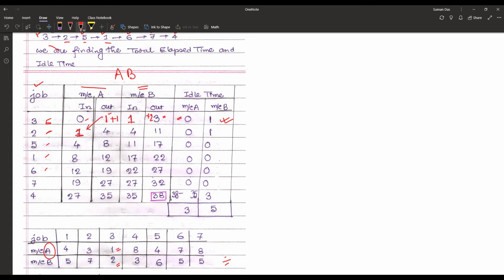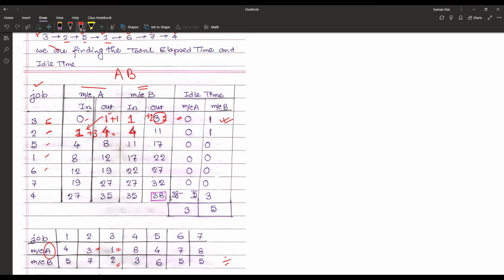For job 2, let's check machine A. The processing time is 3, so we are reaching 4 for machine A, that means plus 3. Although machine B ended on 3, machine A ended on 4 after job 2, so machine B has to start from 4.